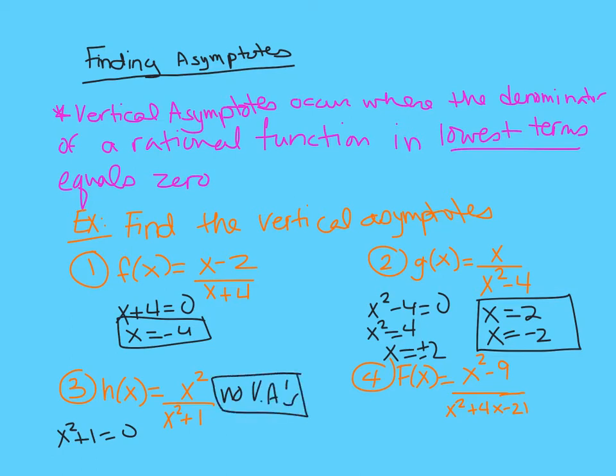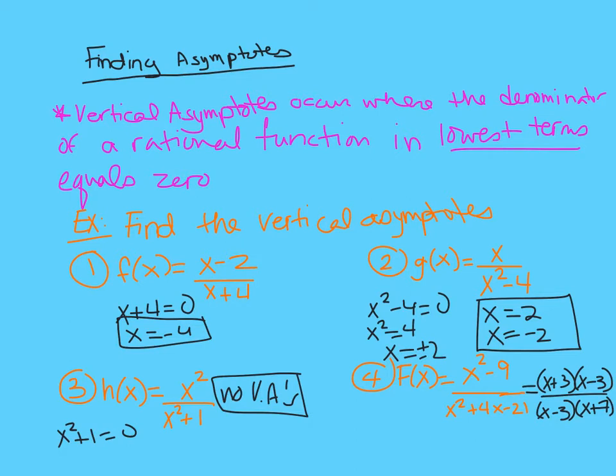For number 4, I want you to notice that this one may or may not be in lowest terms. So we actually need to factor this one first. I'm going to factor it, and then see if anything cancels. If something cancels, that means it wasn't in lowest terms before. When I factor everything, this is what I get. You'll notice that the x minus 3's cancel.